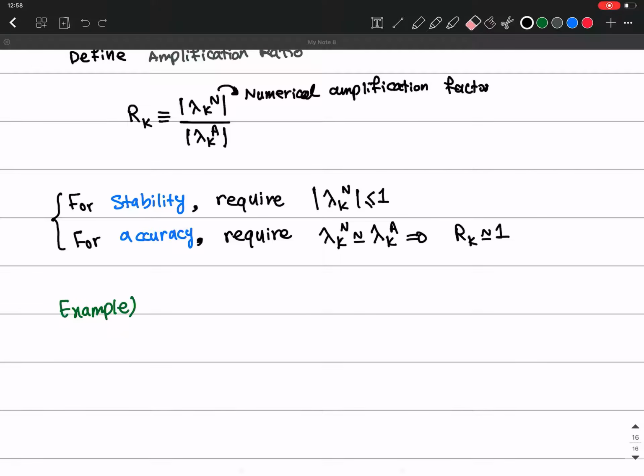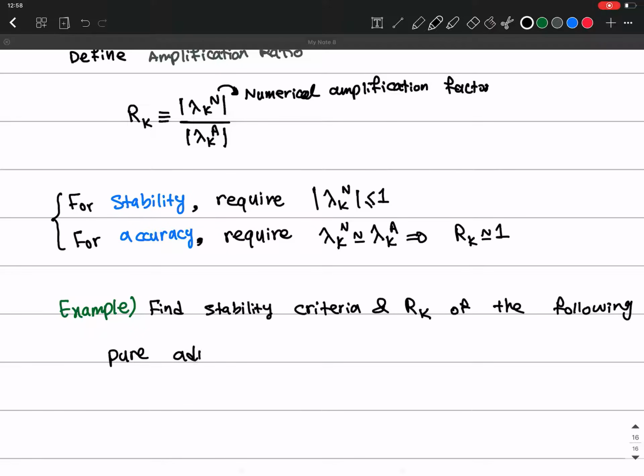So the question asks, find the stability criteria and amplification ratio of the following pure advection equation.